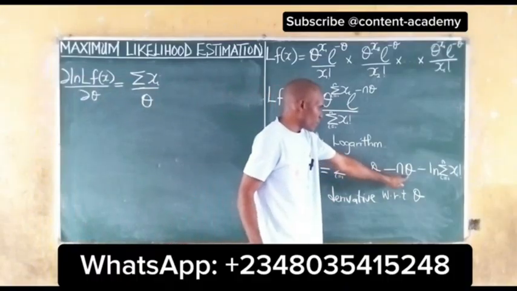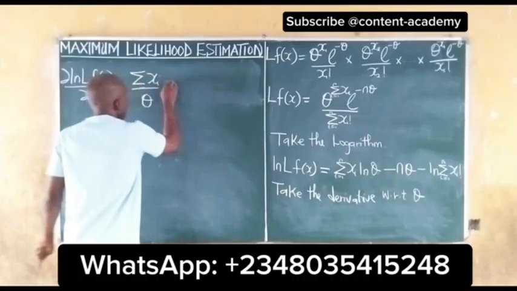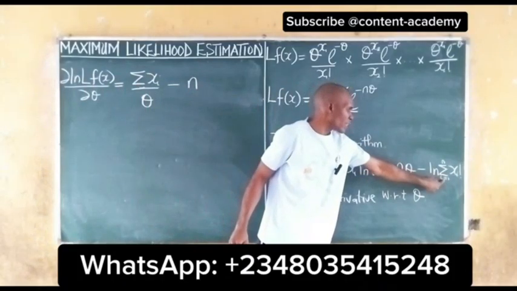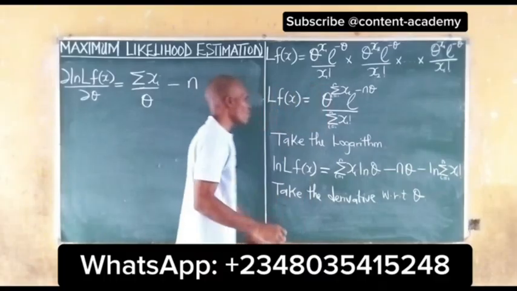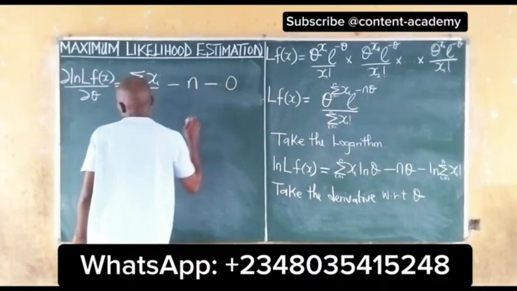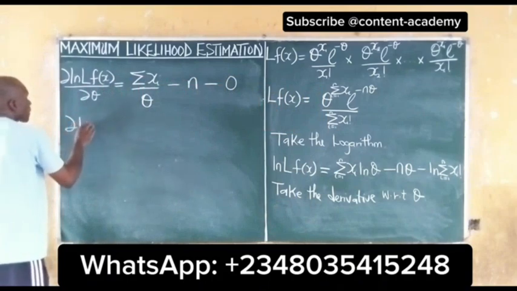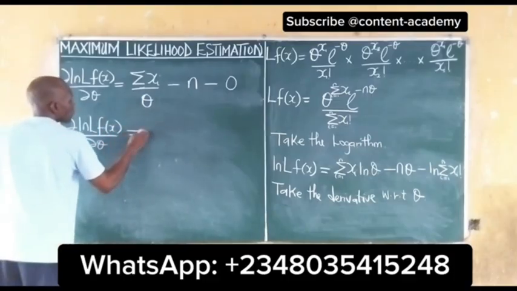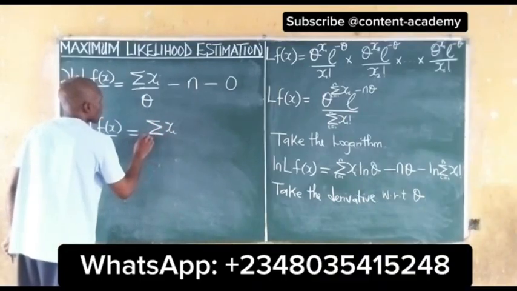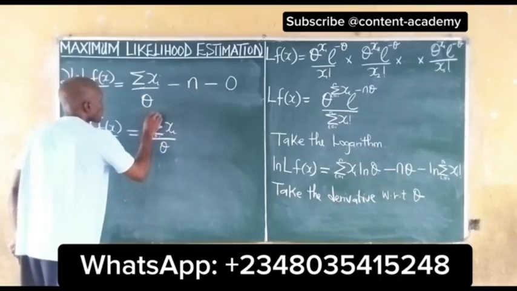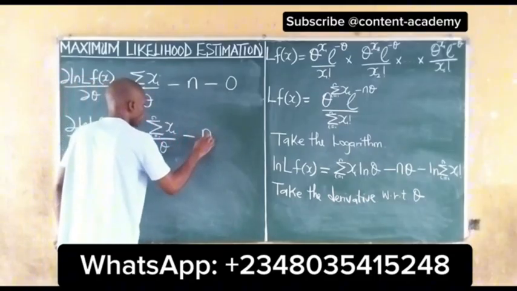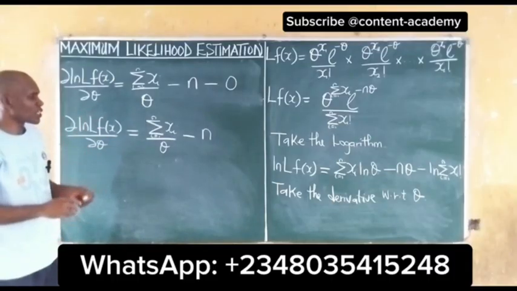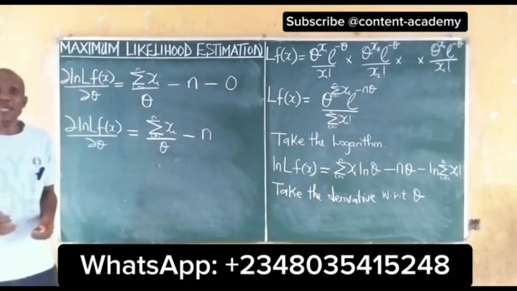If we take the derivative of the next term with respect to theta, we get minus n. If you take the derivative of the summation of log xi factorial, we get 0, minus 0. So this can be written as summation of xi all over theta, i running from 1 to n, minus n. So we have succeeded in getting the derivative with respect to theta.